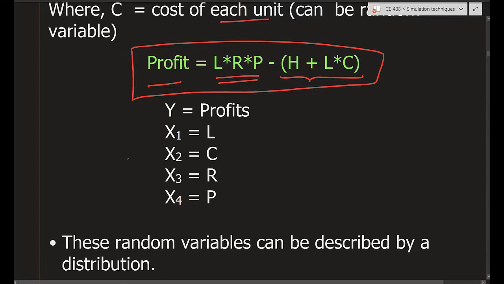In this problem we have x1, x2, x3, x4, correspondingly L, C, R and P as the input, and these inputs can be random variables, and the final profit Y, that is the output of this model, will again be a random variable. So this is an example of a stochastic model.